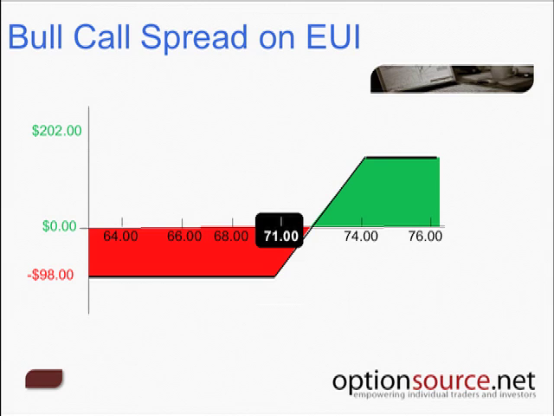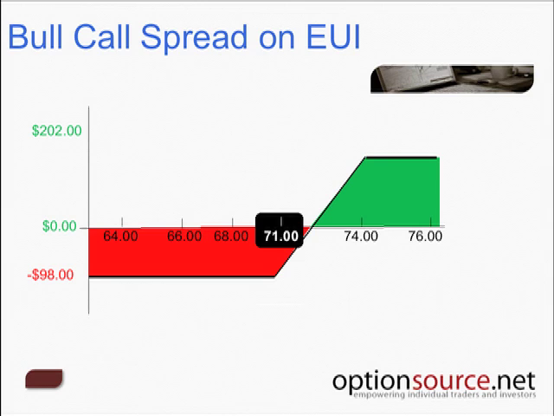But what we're looking at here is essentially a profit and loss graph of that particular strategy, and the potential profit, should the pair actually trade up to 72.74 and beyond by expiration, is in fact $202 per contract, and this is after we factor in the net cost of our initial spread.